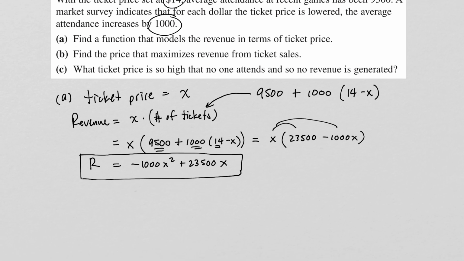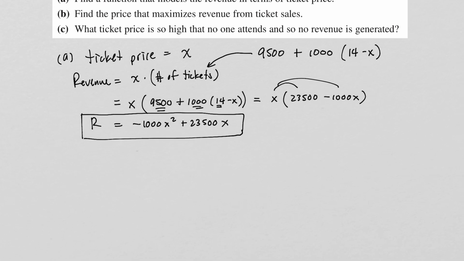Now for part B, find the price that maximizes revenue. So we want to find the vertex of this parabola because this is a parabola that opens downward. So the vertex is going to represent the highest point, which is going to be the highest revenue. So we know that X is equal to negative B divided by 2 times A. This is going to be negative 23,500 divided by 2 times negative 1,000.